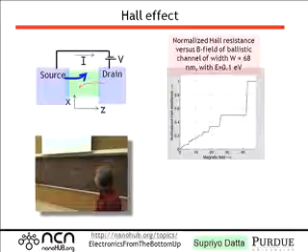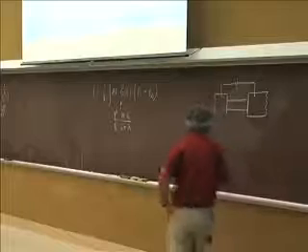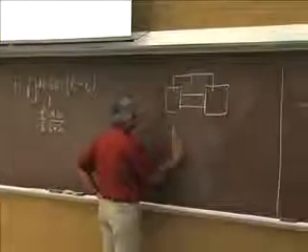One of the interesting things that happens, which I won't go into, is that at high fields you see the Hall resistance show very sharp, very nice plateaus. And that was probably the first example where this quantum of conductance played a very important role, in the sense that the Hall resistance actually looks like h over q squared times an integer.